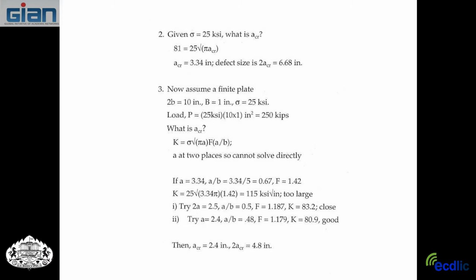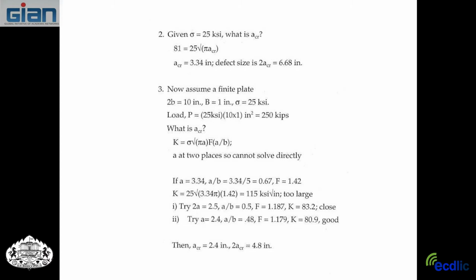We call it trial and error, iteration, a lot of different words. It means you have to take several steps and try to figure out what that A is. So in the steps, start with a guess. What if A is 3.34? Then A over B is 0.67. Go back to here, 0.67 is down here.